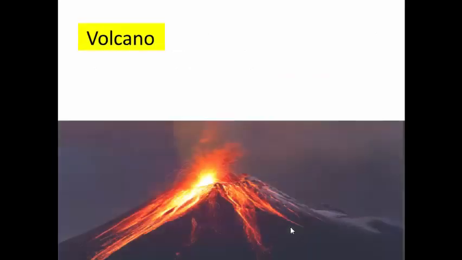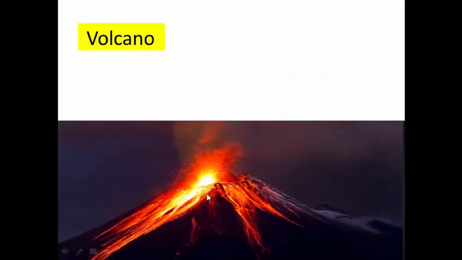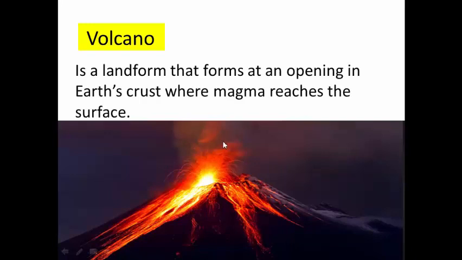Here, the volcano. All of us know the volcano, but what is the definition of the volcano? A volcano is a landform that forms at an opening. Look here, we have this opening in Earth's crust, where magma reaches the surface.